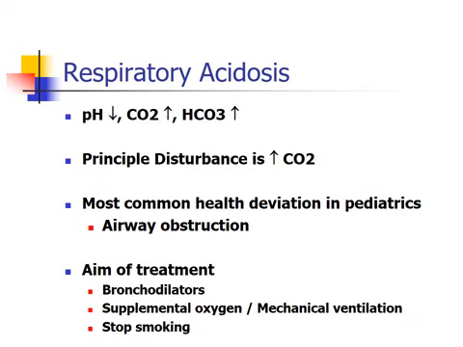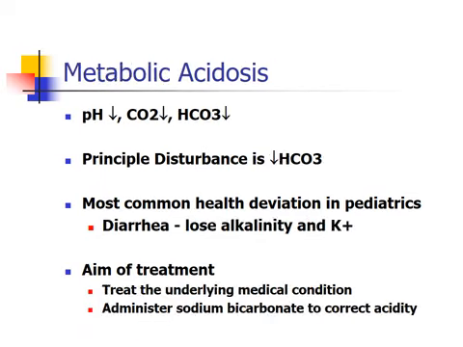So relating the acid-base disturbance to the medical diagnosis, and then remembering that the aim of treatment is to correct the main problem with the acid-base disturbance. So metabolic acidosis, the pH is decreased, CO2 and bicarbonate are decreased.